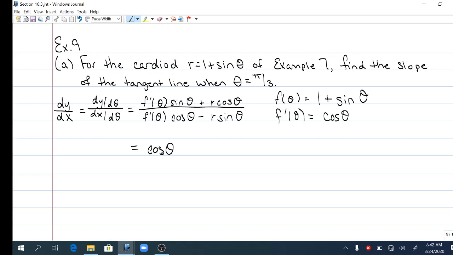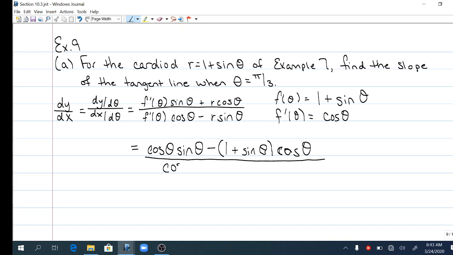The numerator becomes cosine theta times sine theta minus the quantity 1 plus sine theta times cosine theta. The denominator becomes cosine squared theta minus the quantity 1 plus sine theta times sine theta.